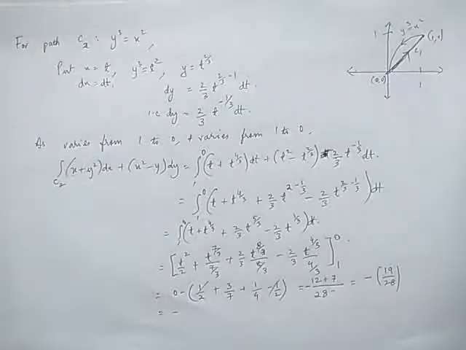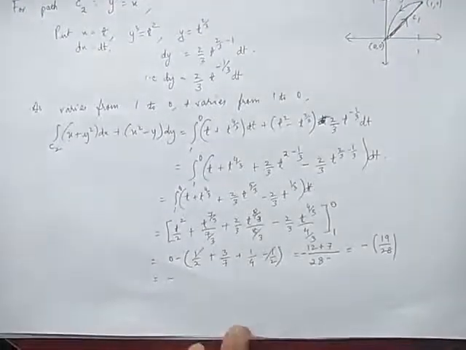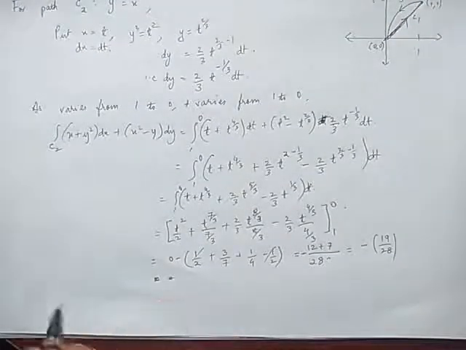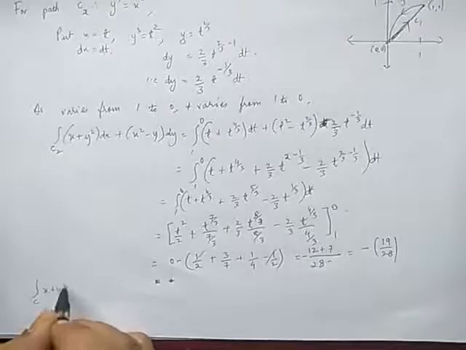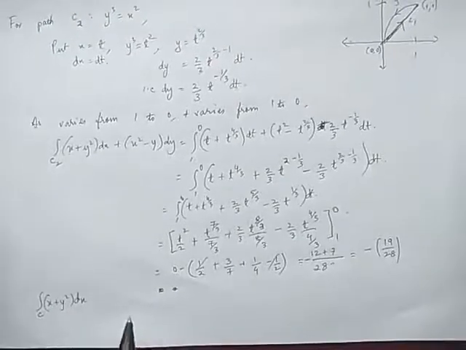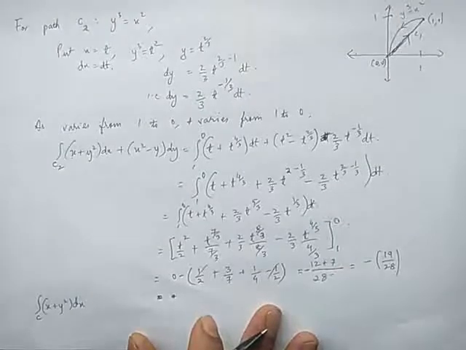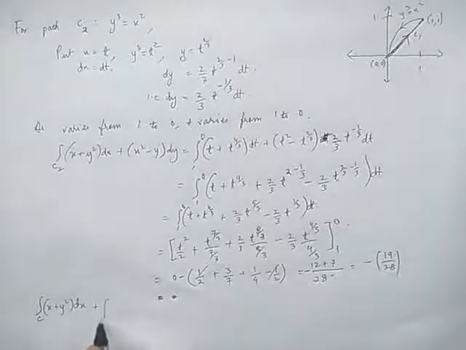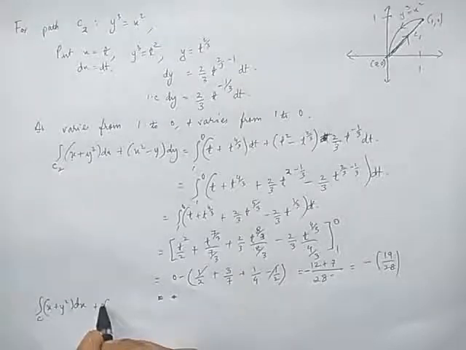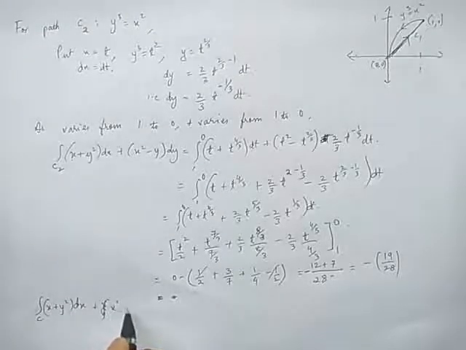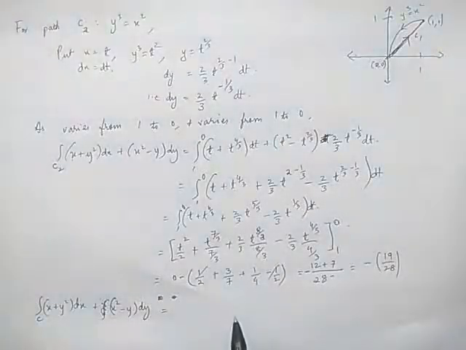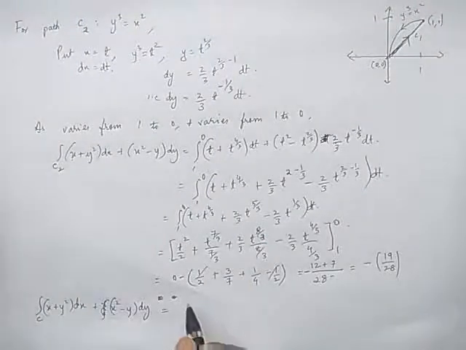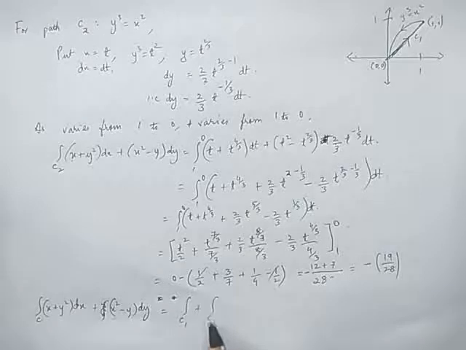So what we can do now is we can add those two. The integration over C of x plus y square dx plus x square minus y dy will be equal to integration over C1 plus integration over C2.